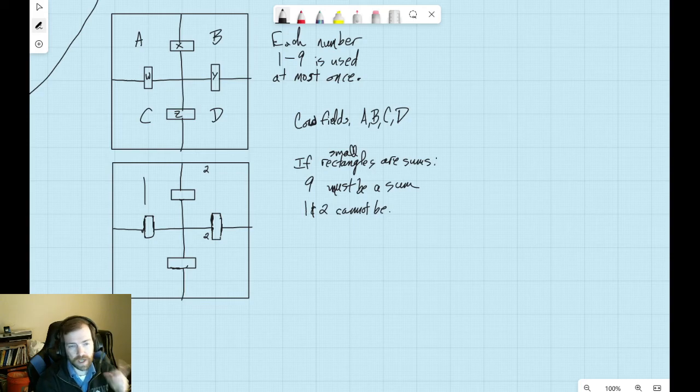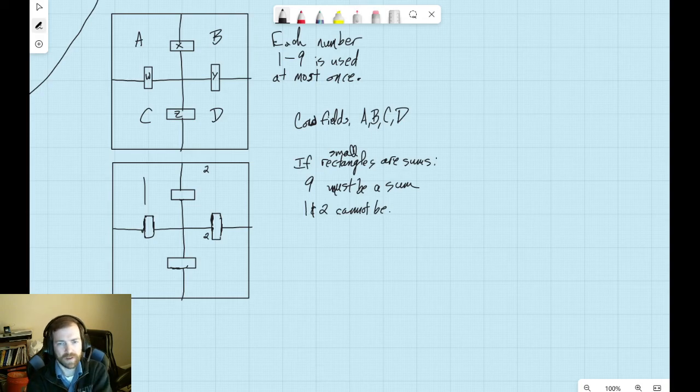Okay, so 8 could be here, and again, either one of these, I guess. If 8 is here, that means that 2 is here, and then 8 and 2 is going to be a problem. Right. So 8 can only be paired with 1. It can't be paired with anything else.